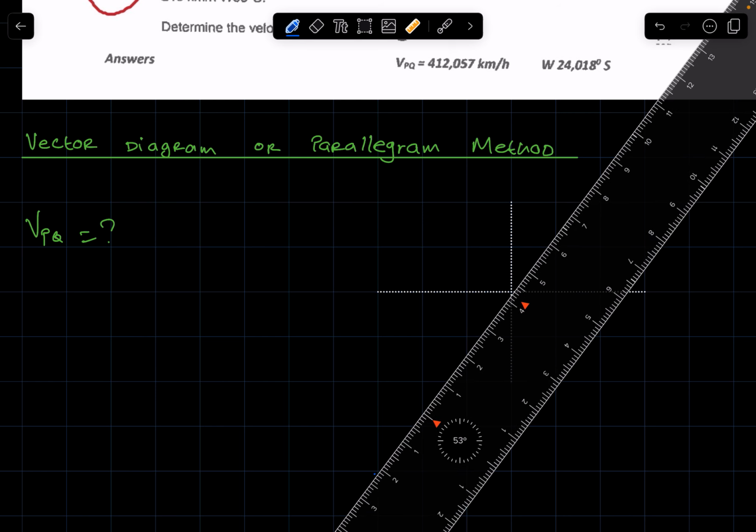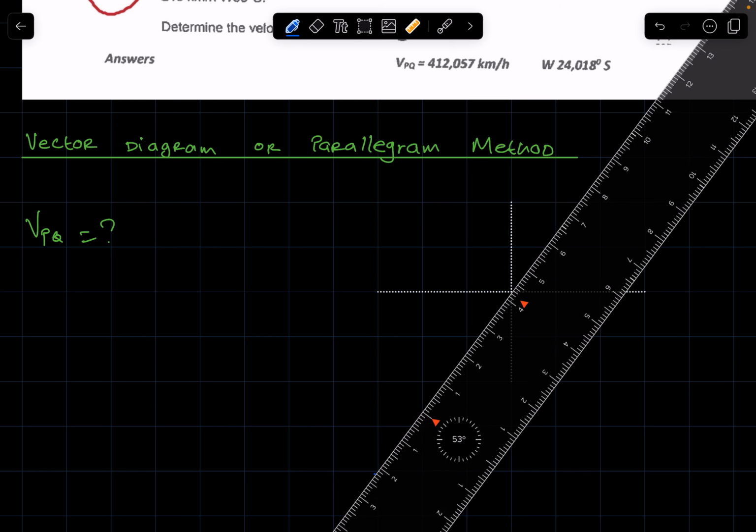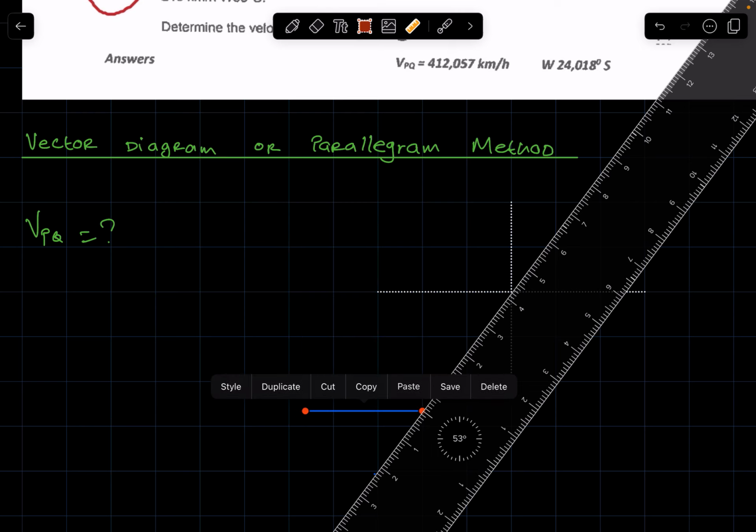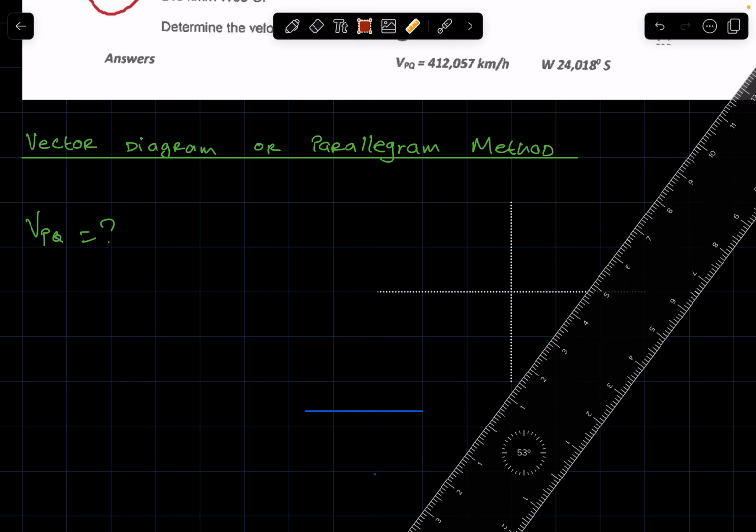It should be something round about there, it doesn't have to be that accurate. So this represents 4,2, headed in that direction.